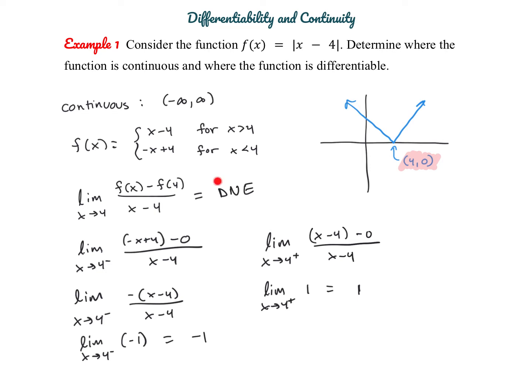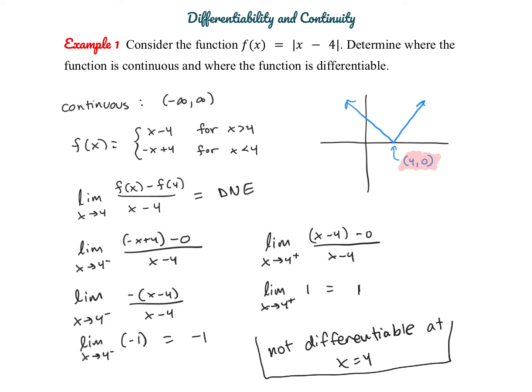And since the limit doesn't exist, we would say that our graph is not differentiable at that point, at x equals 4. Now, you would find that if you just tried to differentiate this portion of your graph, everything to the right of 4, it is differentiable.